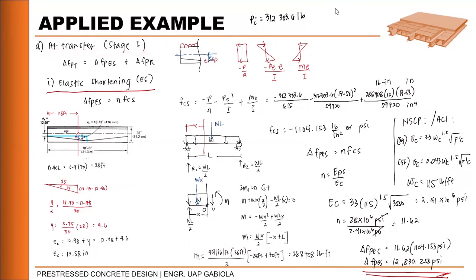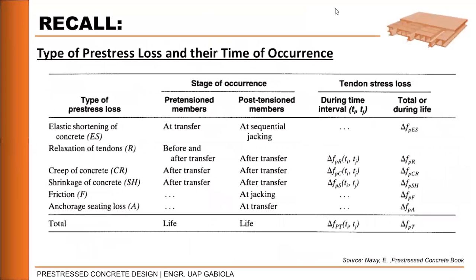So, we have here yung existing na losses at stage 1. Pagbabalikan natin yung table natin since at transfer tayo, no? So, ito at transfer, yung occurring type of losses lang natin at transfer are, nakalagay dito at transfer kasi pretension yung member natin, elastic shortening, tsaka itong relaxation. So si creep and shrinkage, wala pa siya nag-i-exist, no?